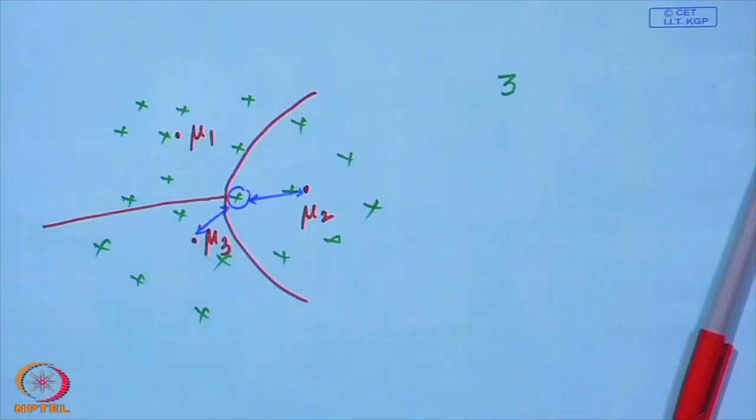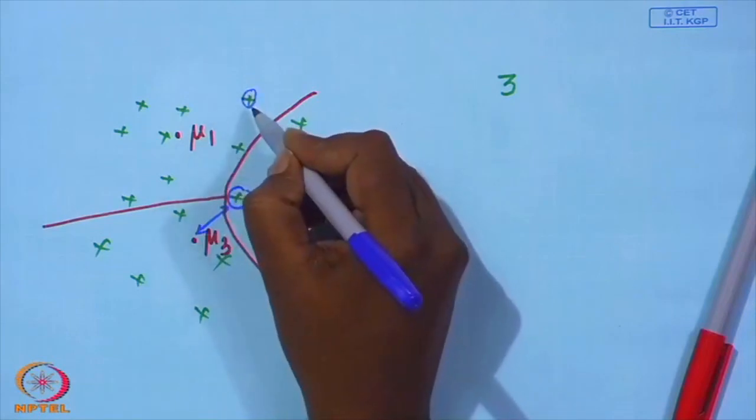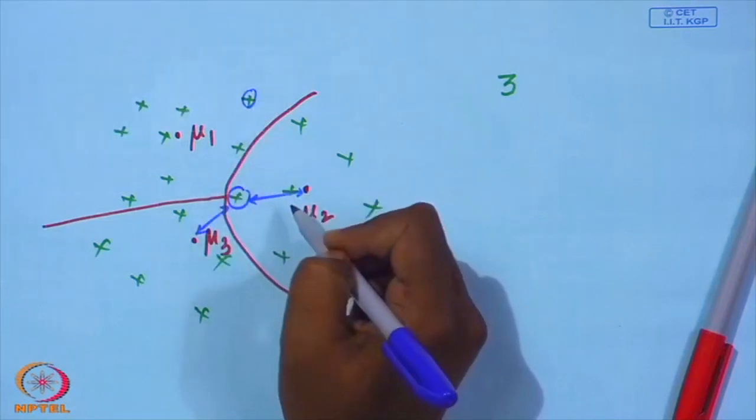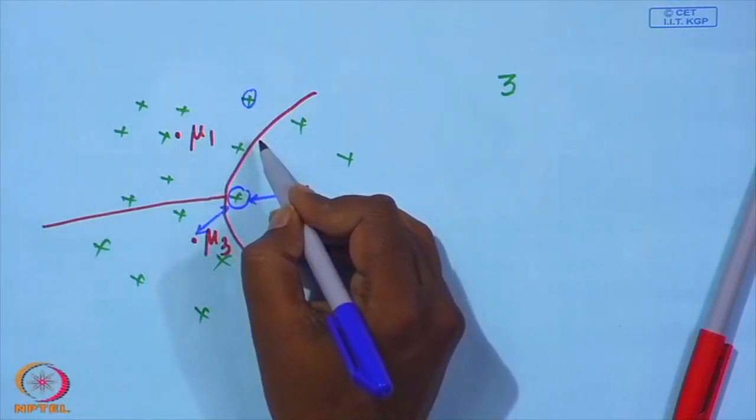So, though initially this sample was put in cluster 2, in the second iteration, because its distance from cluster center 3 is less than from cluster center 2, this sample will be moved from cluster 2 to cluster 3. You perform this operation for every sample: you find its nearest cluster center and move the sample to that cluster.